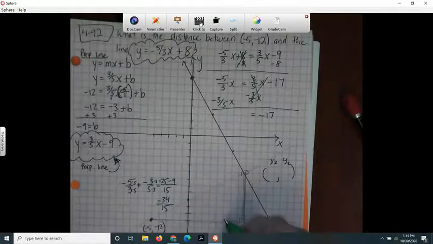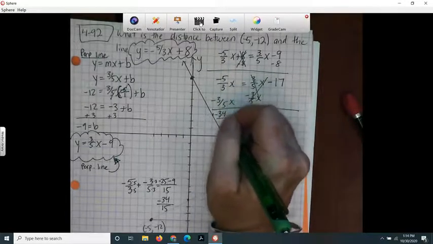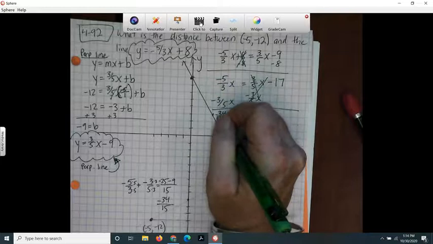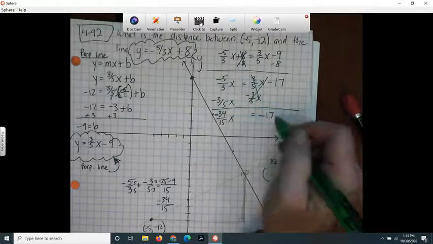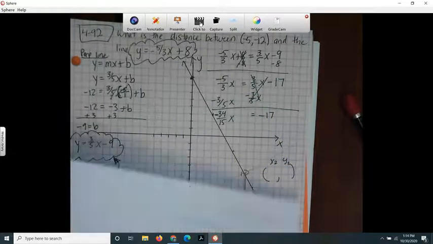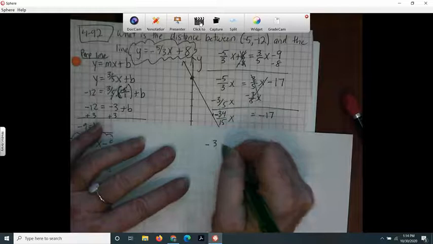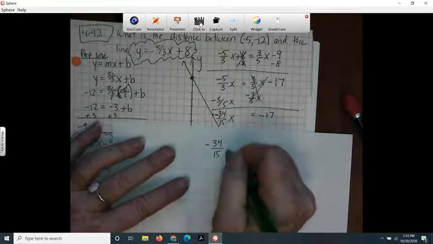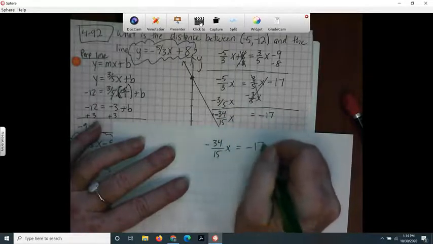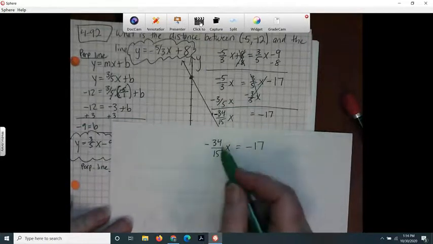Okay, so this is negative 34/15 times x equals 17. Oh, I didn't think it was going to get this gnarly with the algebra. So let's get that down here. Negative 34/15 x equals negative 17. Okay, so I can solve for x by multiplying both sides by the reciprocal of this coefficient of x.